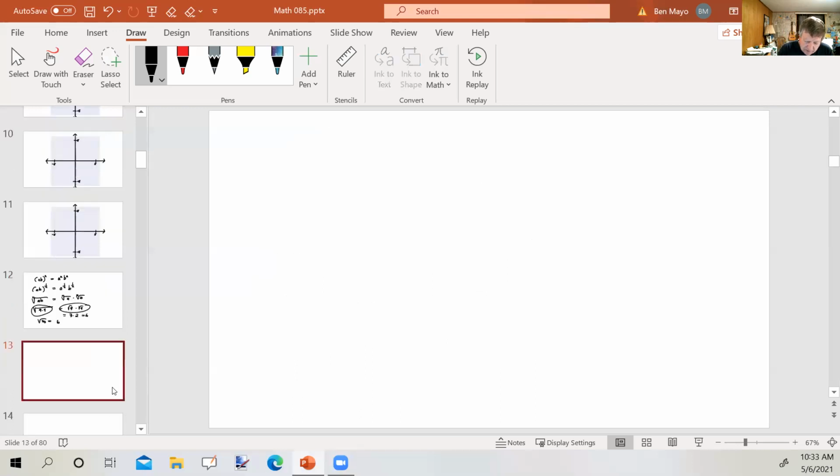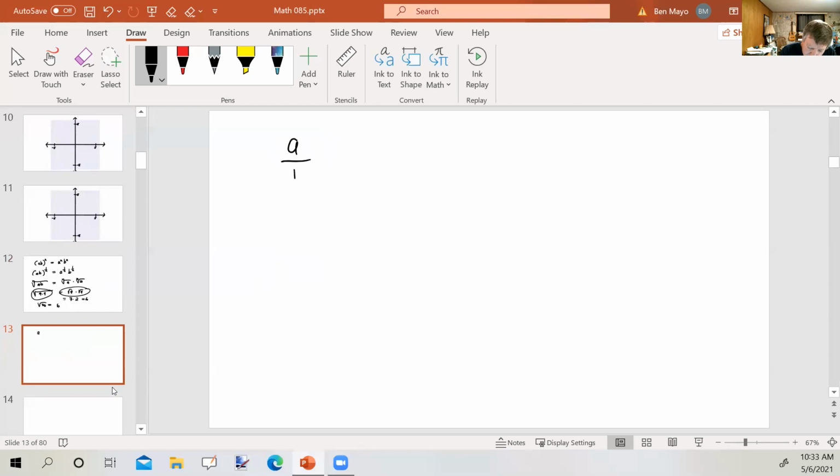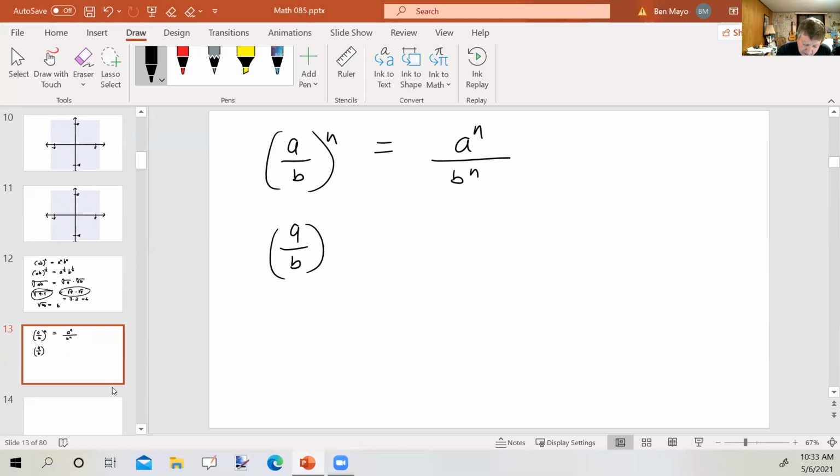The second rule is similar, but it has to do with a quotient raised to a power. When we have a quotient raised to a power, we attach the outside power to both the numerator and the denominator of the quotient. So likewise, if we had the quotient A divided by B raised to the 1 over n power, this would be A to the 1 over n power divided by B to the 1 over n power.